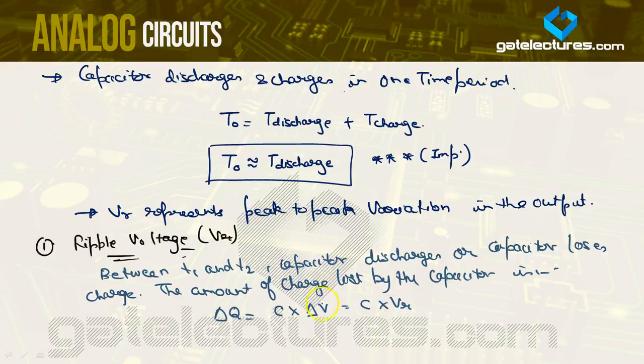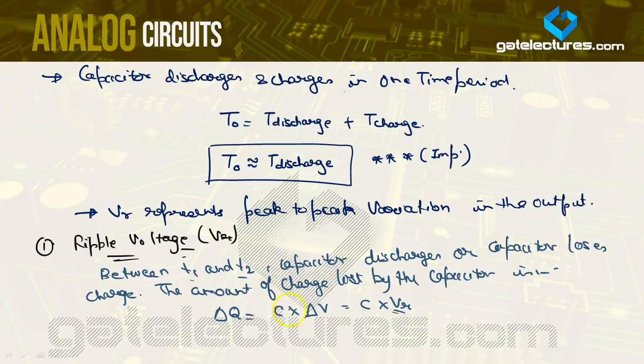In this particular interval, when the capacitor saw a loss of delta Q amount of charge, it also saw a decrease in its voltage by VR amount. That's why the amount of charge lost is equal to C into delta V, or C into VR.